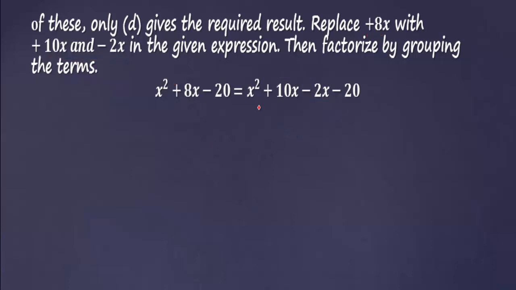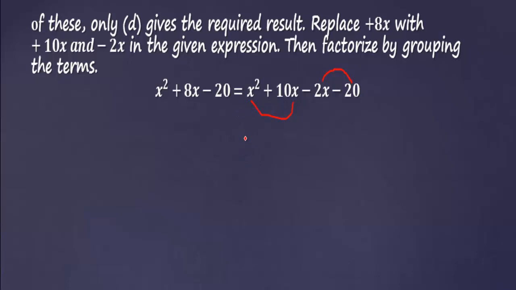Now that means you can factorize. You can factorize this one and you can factorize this one. Now here, what is common in the two of them? Are you following? What is common in the two of these is x.